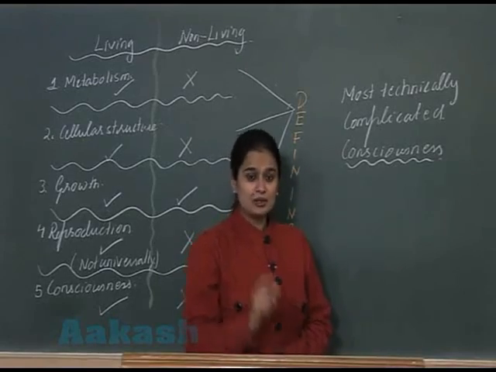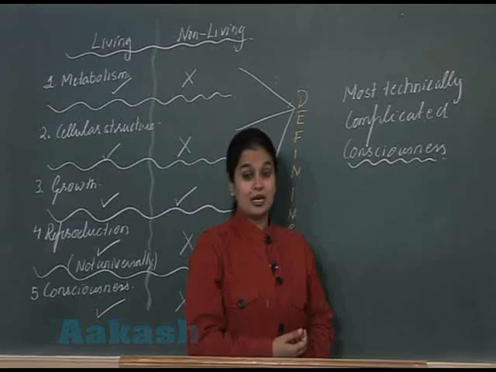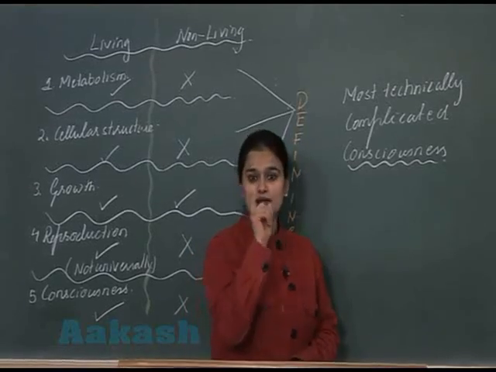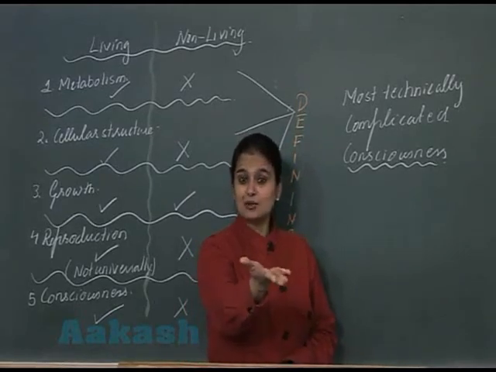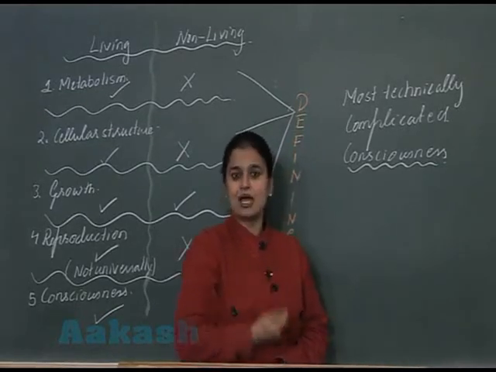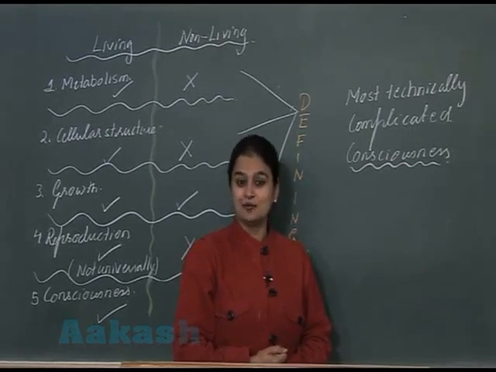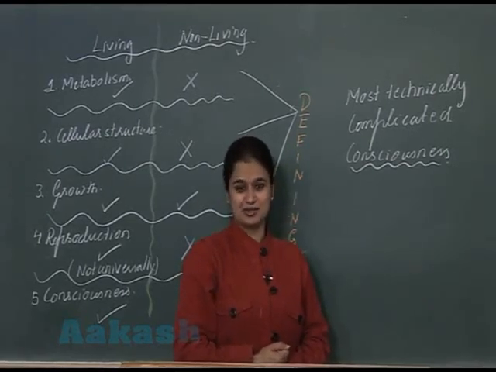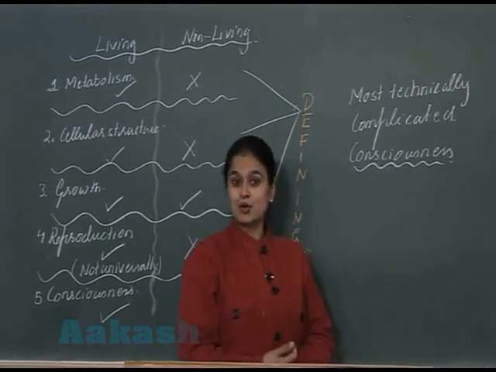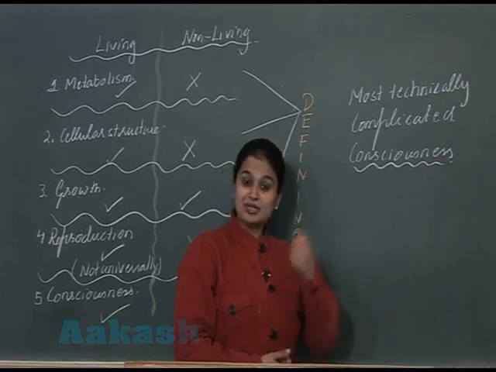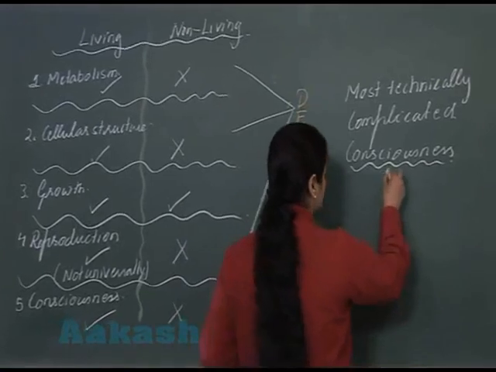So here, to sense the stimulus and to respond to it, there is involvement of the nervous system and the muscular system as you withdraw your hand, as well as involvement of emotions. Sometimes you start crying in response to it. So in consciousness, there is involvement of several organ systems.